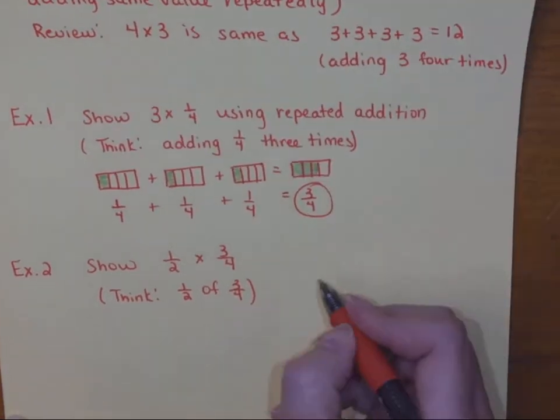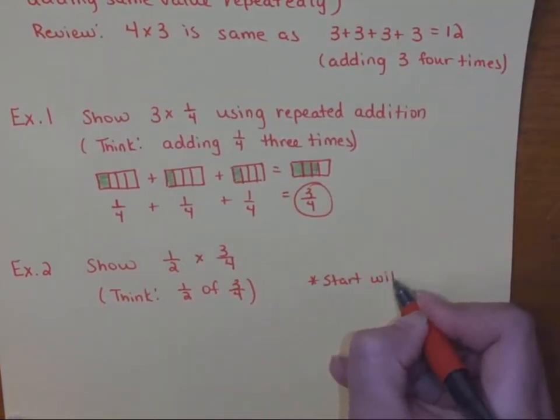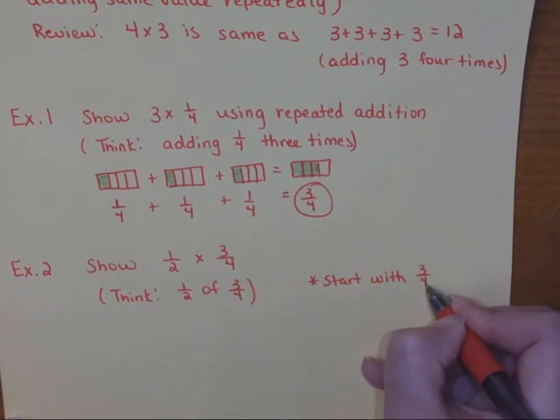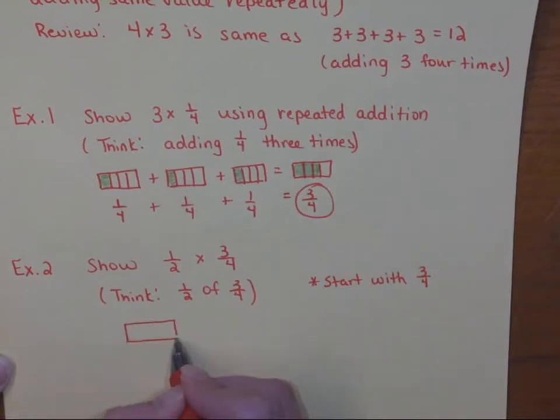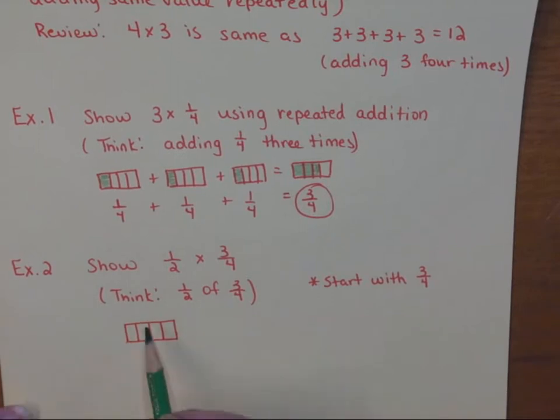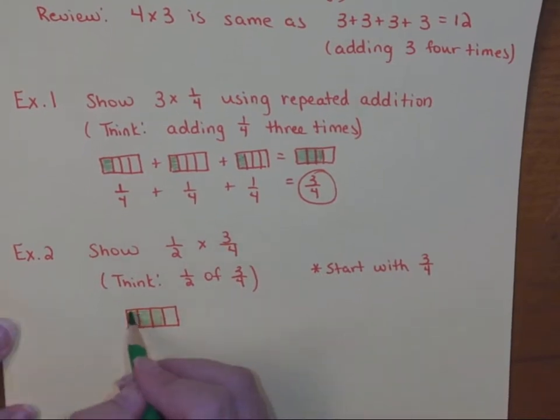So my suggestion on this would be to start with 3/4 and then figure out a way to show half of it. Okay, so let's show 3/4 first. I think we can all agree that that is 3/4.